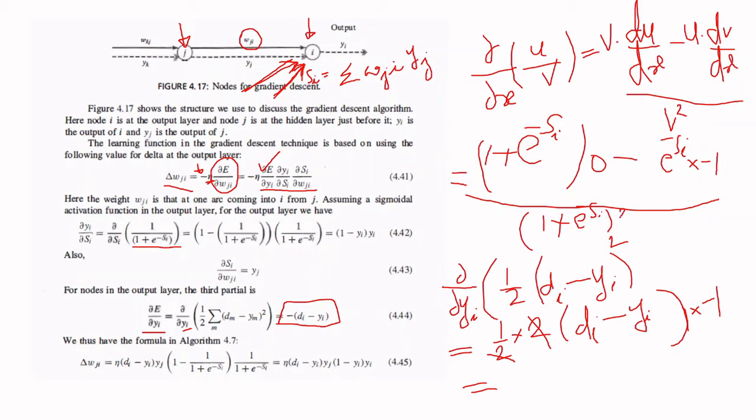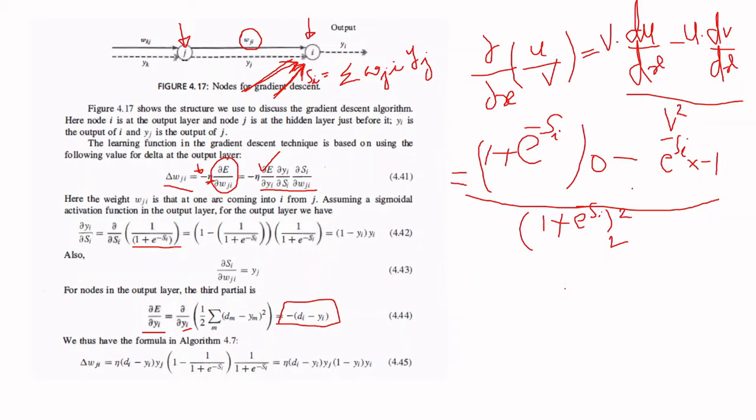Okay, now this is equal to e raised to minus s_i divided by 1 plus e raised to minus s_i the whole squared.